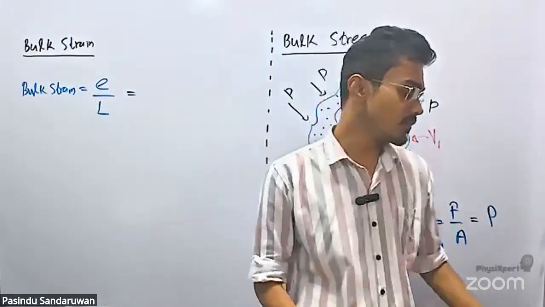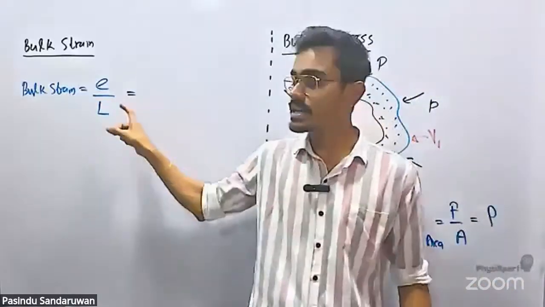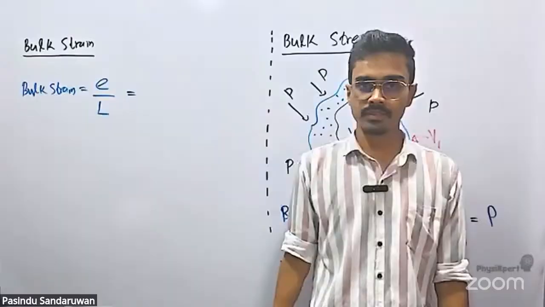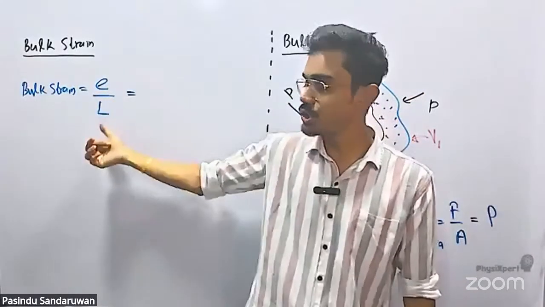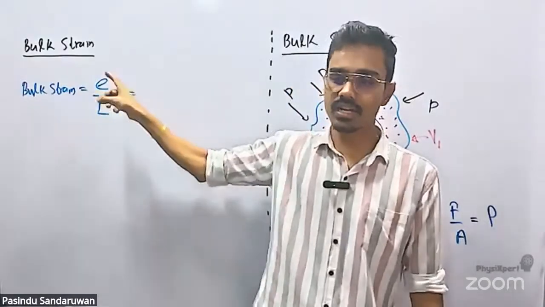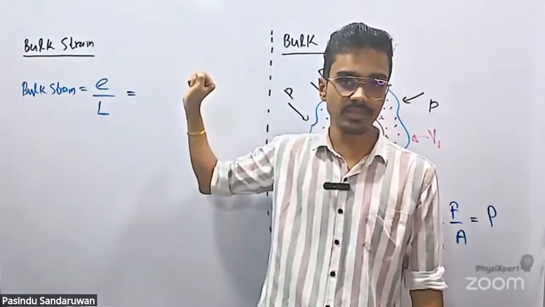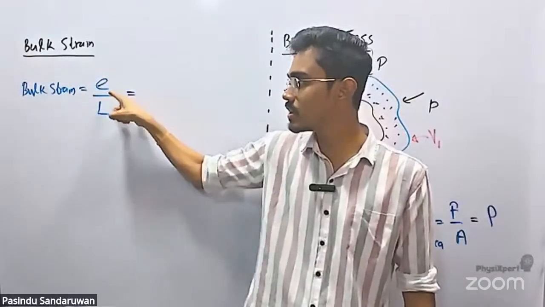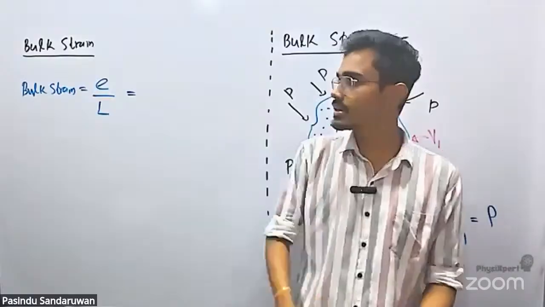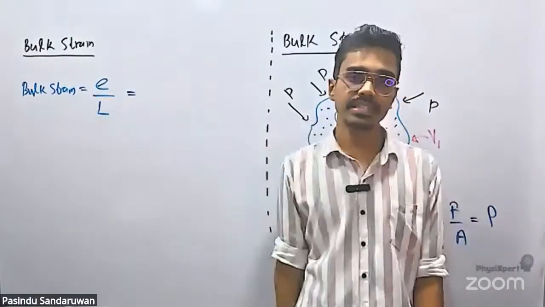So therefore, when it comes to bulk strain, this idea of e over L is taken another step forward. These are ratios between the change in length and the initial length.